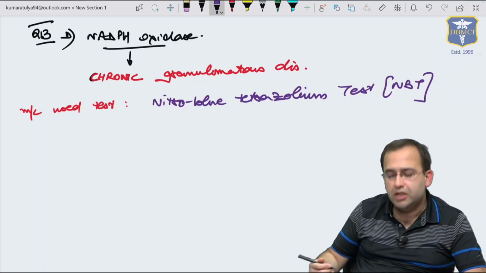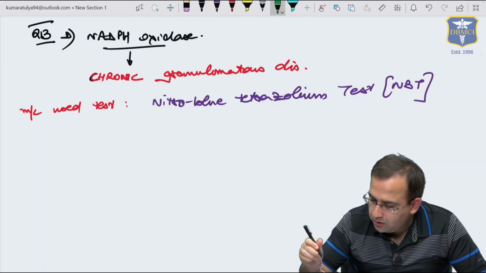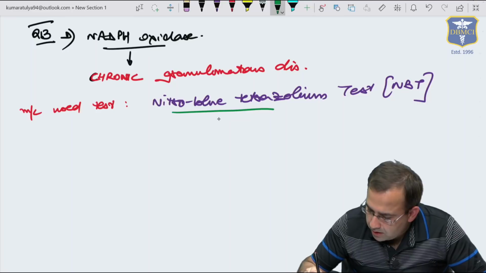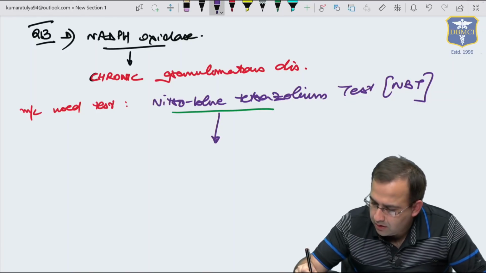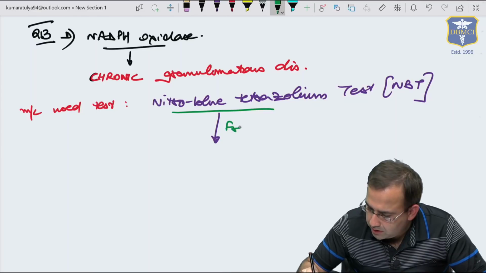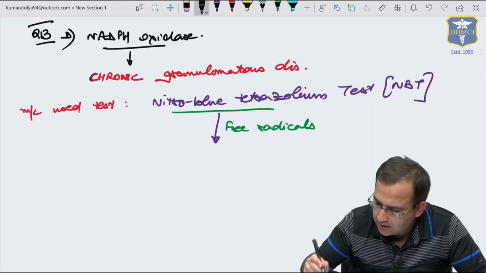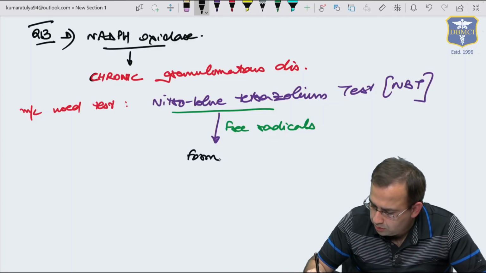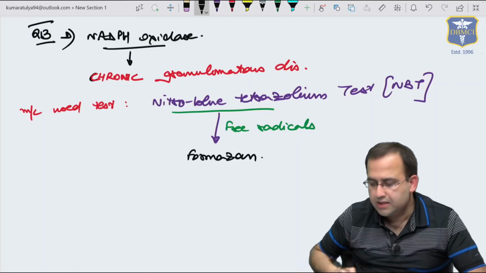Nitroblue tetrazolium, in presence of free radicals, is converted to formazan.